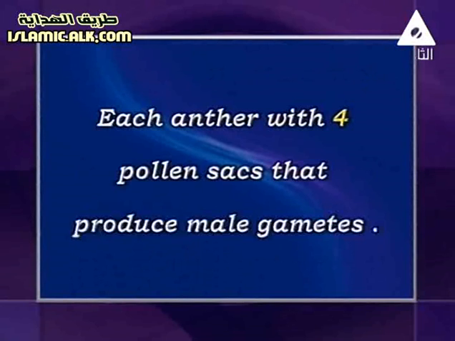Each anther has 4 pollen sacs, or 4 pollen chambers. Each chamber has a main role in holding and creating the pollen grains. They are called male gametes.